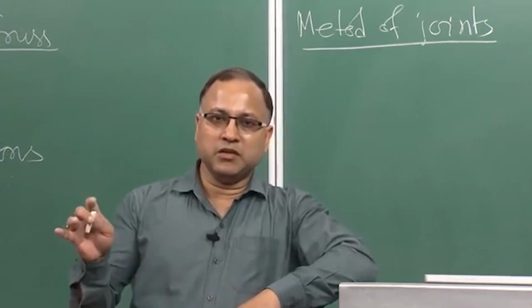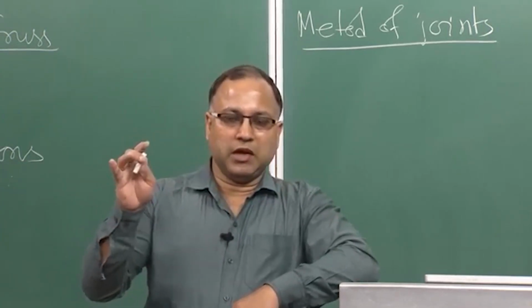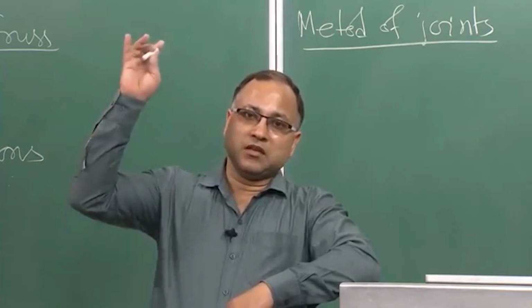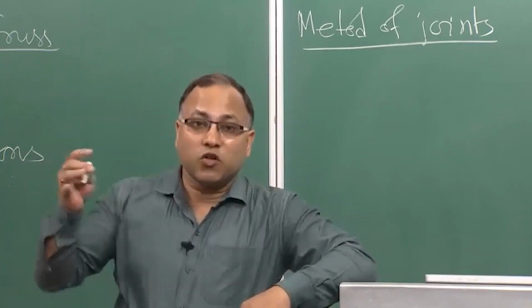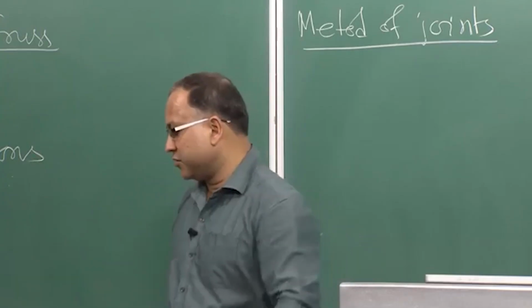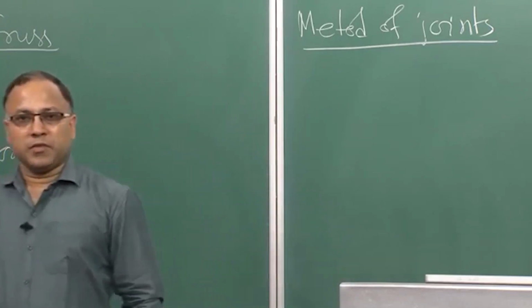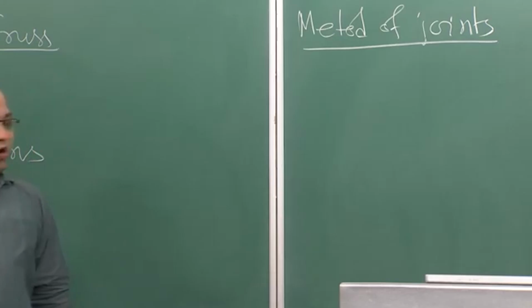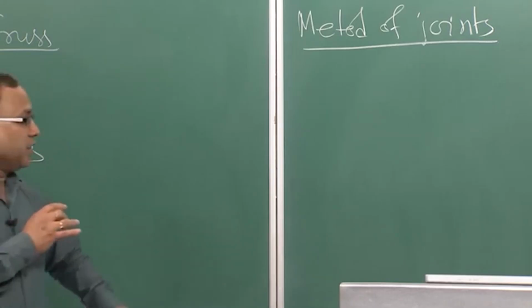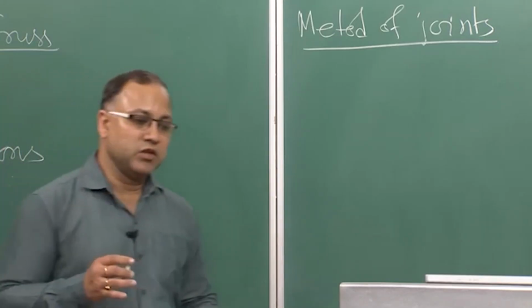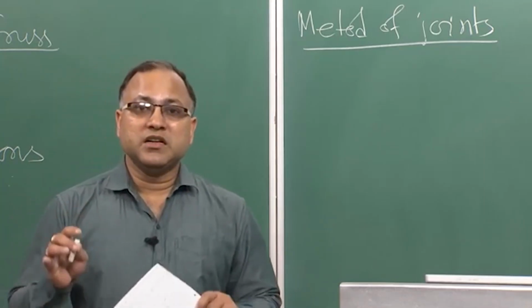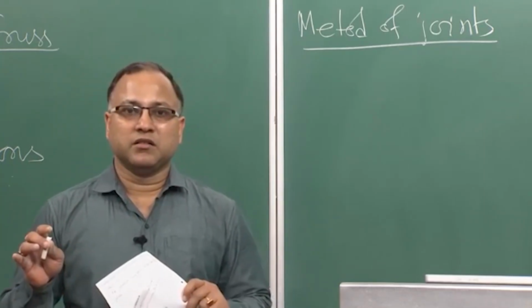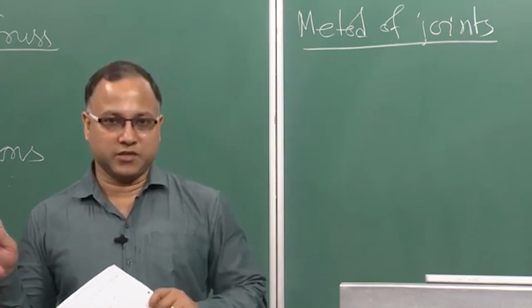That is very simple, as we discussed in the last lecture or the one before, when we were talking about determinate and indeterminate structures. So, for the time being, we are applying these methods, method of joints and method of sections, only on the internally determinate as well as externally determinate truss.